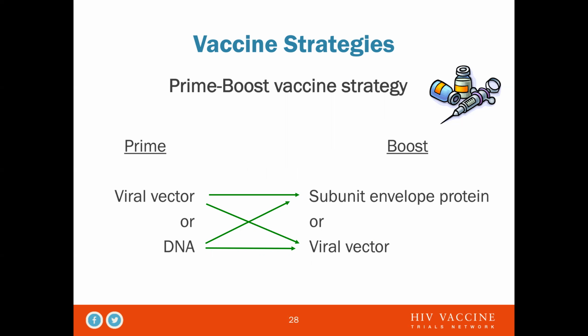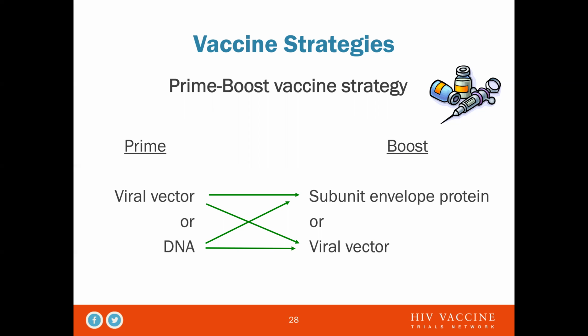Similarly, the first vaccine primes the immune system to wake up. We're doing something here. And the second vaccine boosts the immune response. Several studies currently underway are looking at various combinations and prime boost strategies.